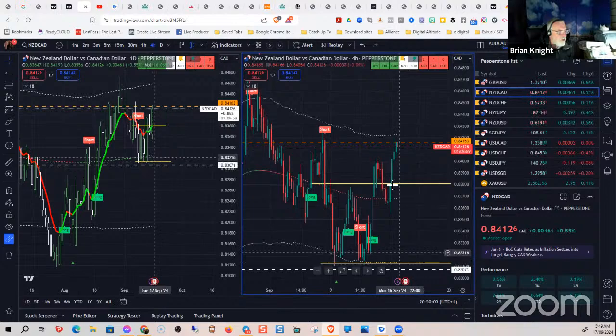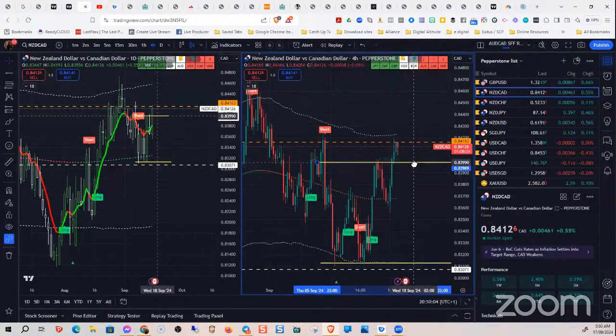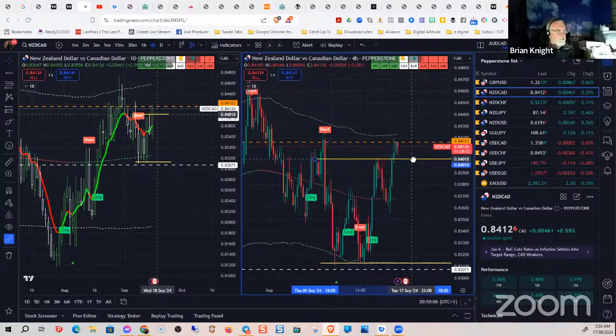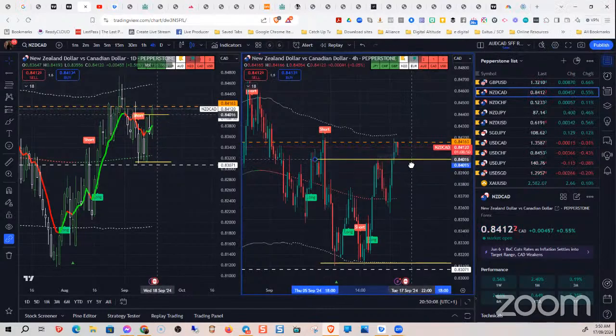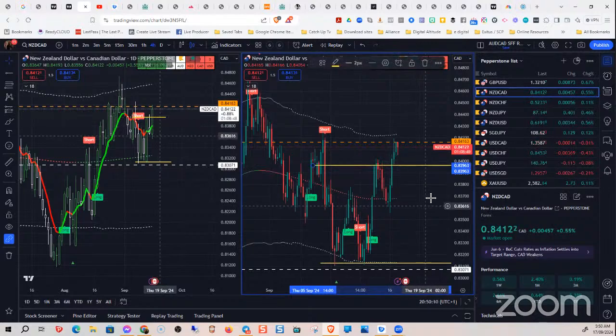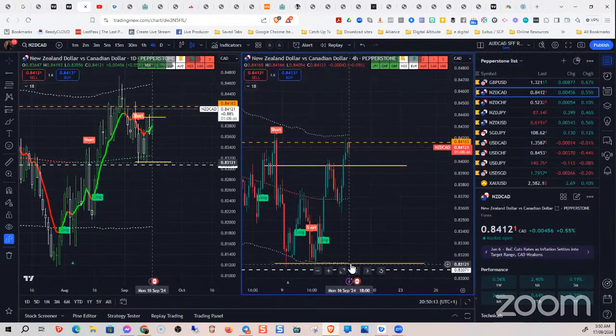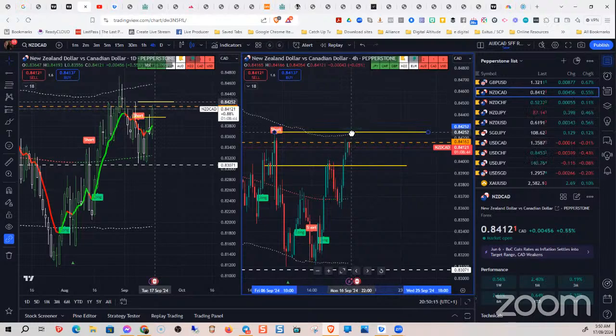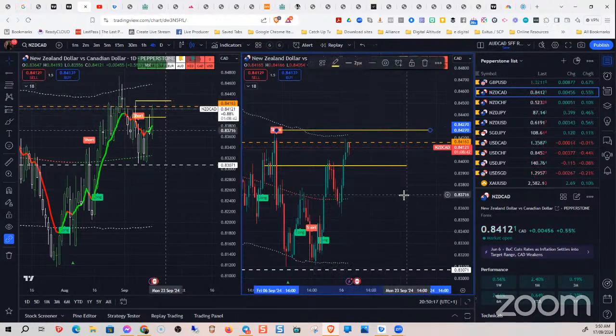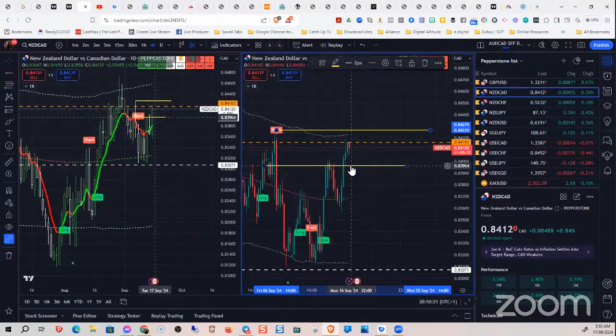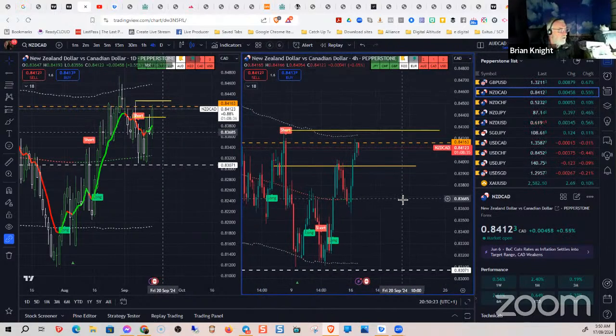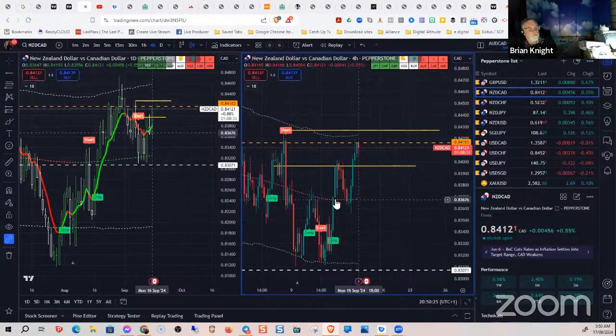Where do you have your entry? Well, it has to finish forming first, because I don't know what it's going to give me as far as the candle for an entry. But if I had to just place one, where you have your yellow trend line, right there above that fair value gap. Yeah, that's what I'm thinking too.